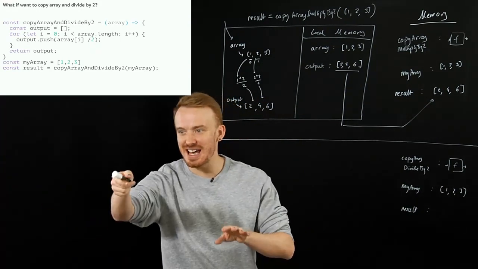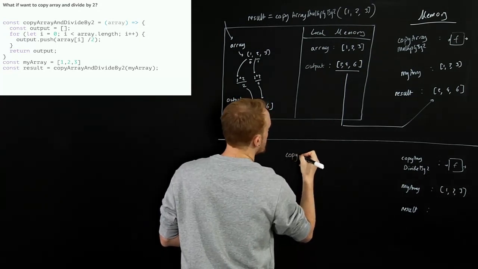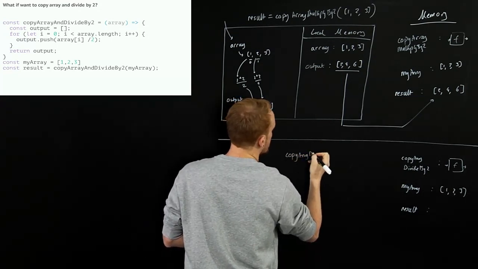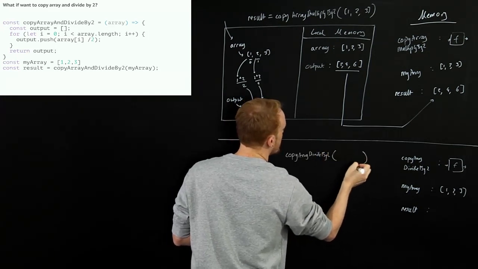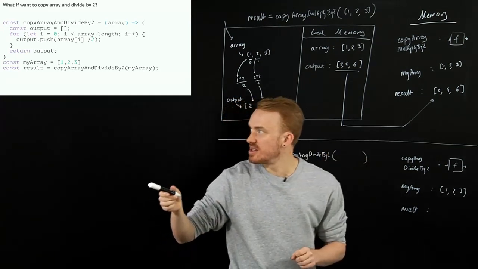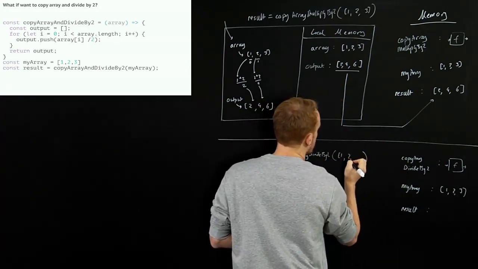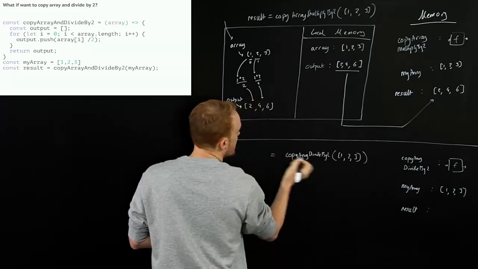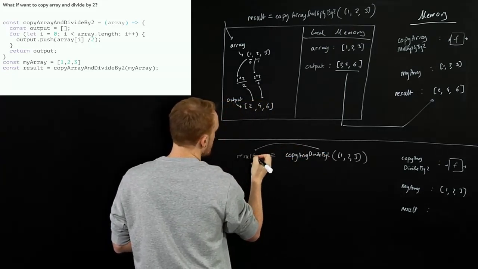We go off and run, Sam. You're invoking copy array and divide by 2 with what argument? My array. Which is what value? 1, 2, 3. Excellent. There it is. And its output will be stored into result.